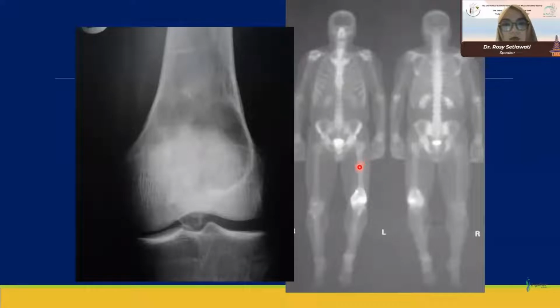This is a case of GCT of the distal femur where the radionuclide bone scan rarely provides additional information because the degree of tracer uptake does not correlate with the histologic grade of the tumor. However, an abnormal uptake pattern was found in 49% of cases, resembling a donut sign, with intense uptake in the periphery and relatively lesser uptake in the central portion of the tumor.